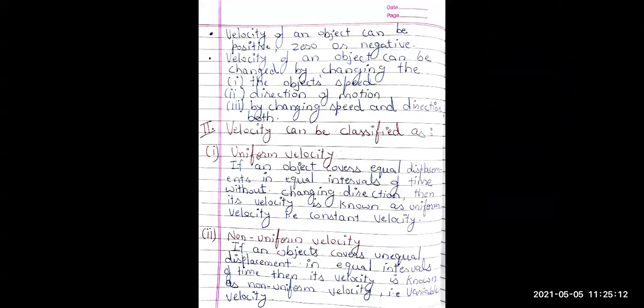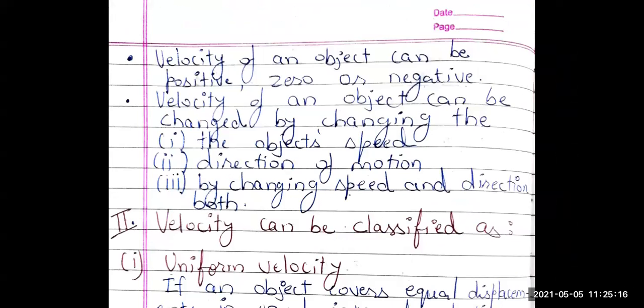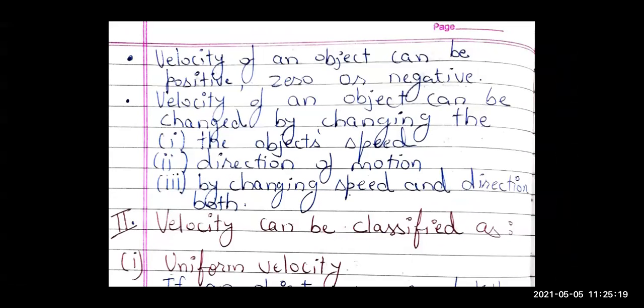Now, children, velocity. As we know, displacement is a vector quantity and the values possible for displacement are: it can be positive, it can be zero, it can be negative also, because we know that it is a vector quantity. It depends upon direction, right? So as displacement values possible are positive, zero and negative, so velocity can also have zero value, positive value or negative value. Now how is a negative value of displacement possible?